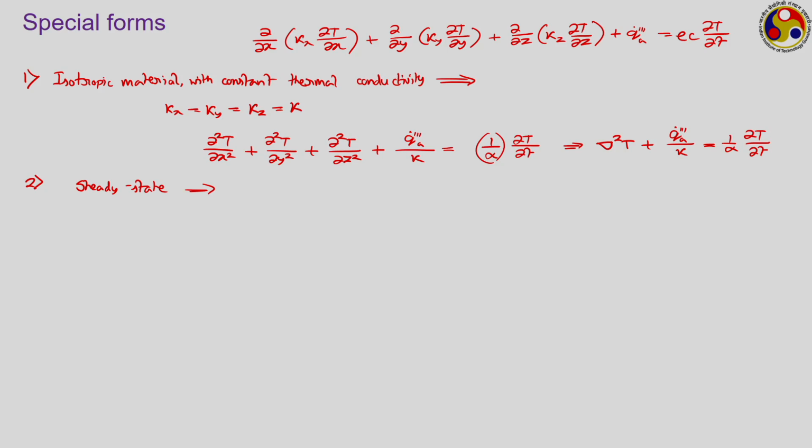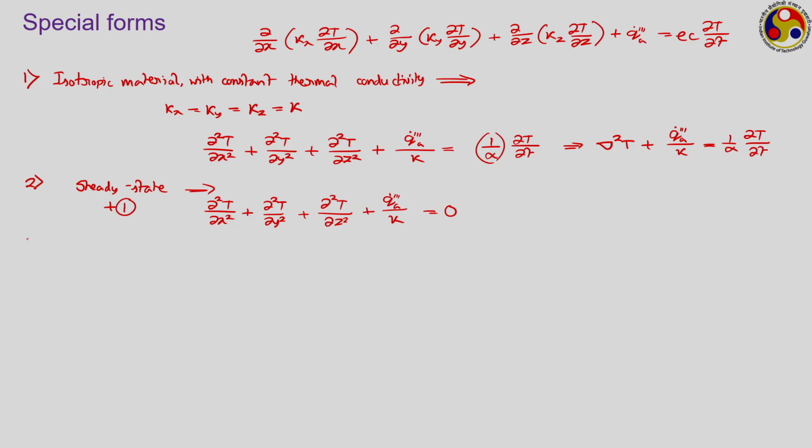So, if we are talking about the steady state equation for an isotropic material with constant thermal conductivity, the time variation goes off, and your equation becomes just ∂²T/∂x² plus ∂²T/∂y² plus ∂²T/∂z² plus q̇g‴/k is equal to 0. Of course, we are considering steady state plus the assumptions of isotropic material with constant thermal conductivity.